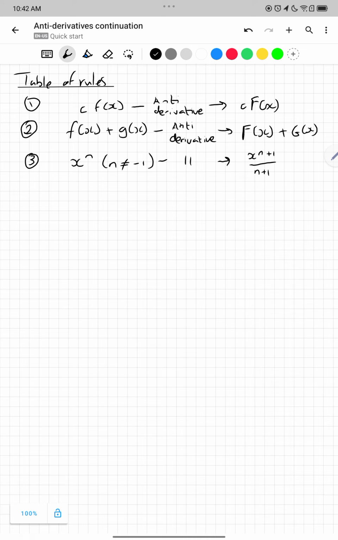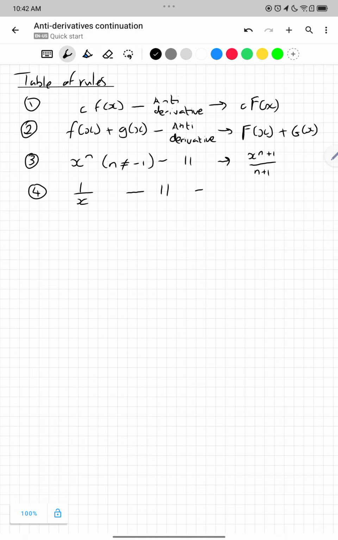So this part is very important. When n is equal to -1, we do something differently. So it's as follows.